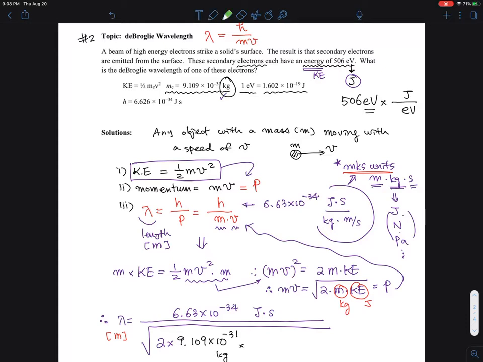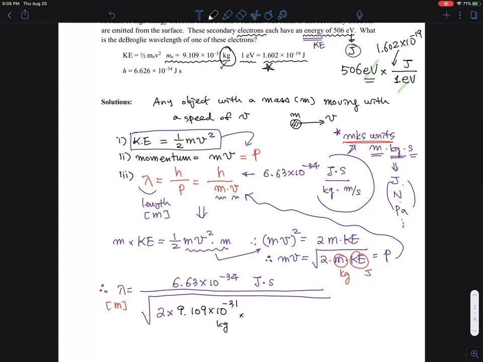That's the unit conversion that we learned in the previous sections. The clue is right here: one electron volt is 1.602 times 10 to the minus 19 joules.